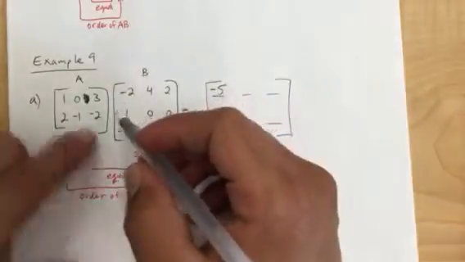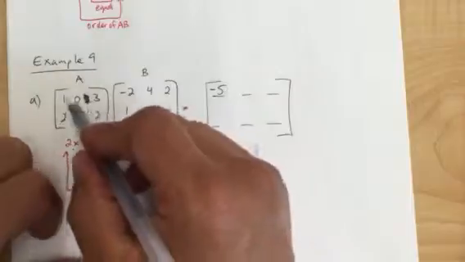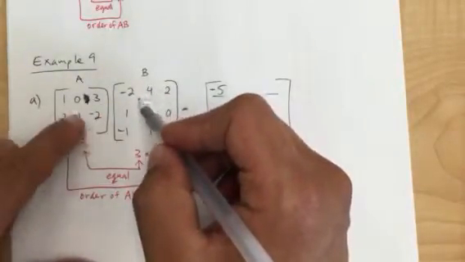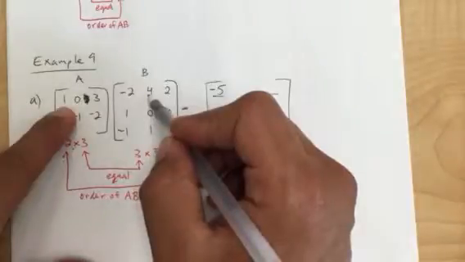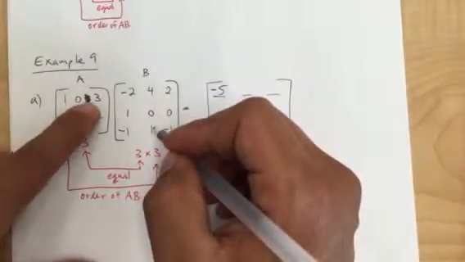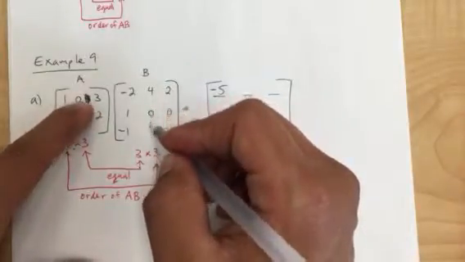Okay, and then the next one is going to be my first row times my second column. So I'm going to have 4 plus 0 plus 3.